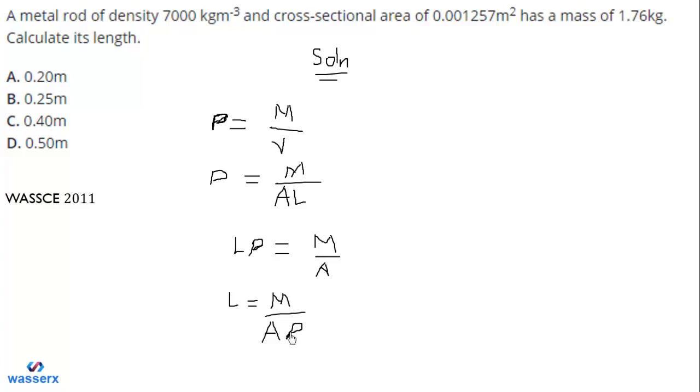So we can now fix in the given values. The density is 7,000. Then we have the cross-sectional area to be 0.001257. Then we have the mass to be 1.76 kg.